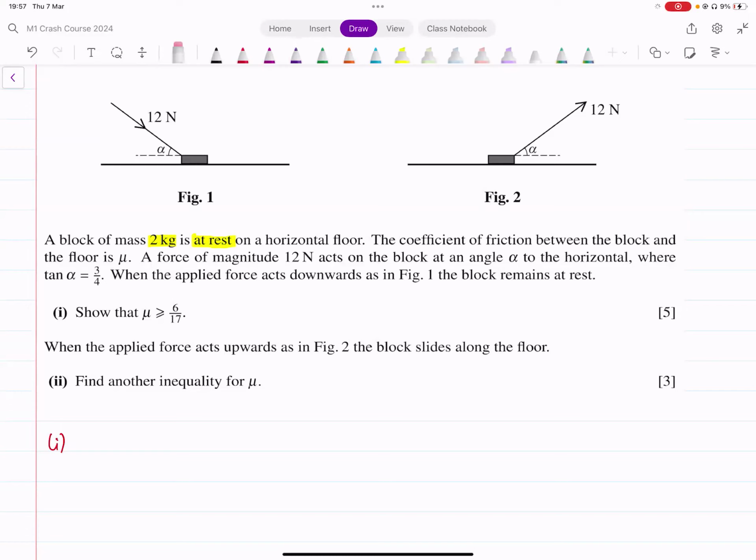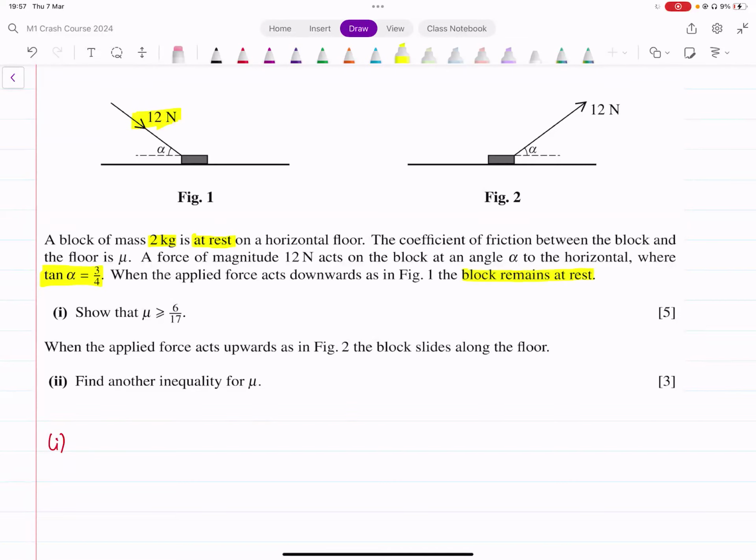A force of magnitude 12 Newton acts on the block at an angle alpha to the horizontal. So we have this force 12 Newton acting here, at an angle alpha to the horizontal, where tan alpha is given to be 3/4. When the force acts downwards, as in figure 1, so this is one possibility, the force is acting downwards in this direction, the block remains at rest.